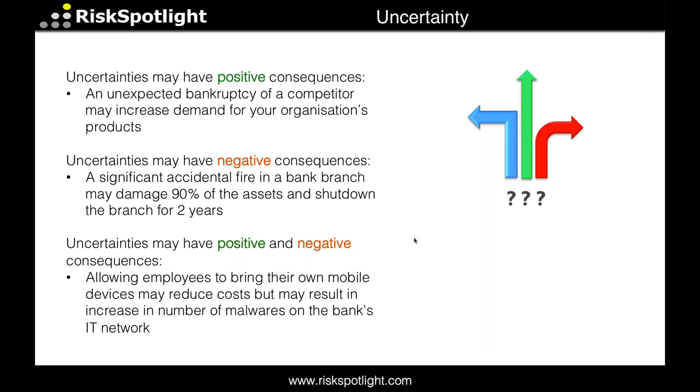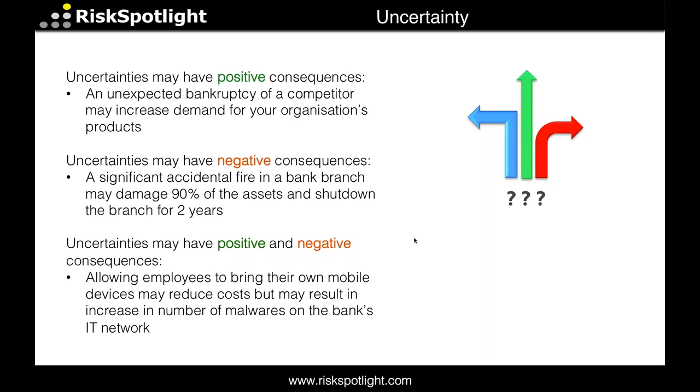But it increases the likelihood that they may introduce some malware into the bank's IT network. And then as risk managers, we will need to weigh the positive and the negative consequences of that uncertainty and decide whether we want to take that risk or not.